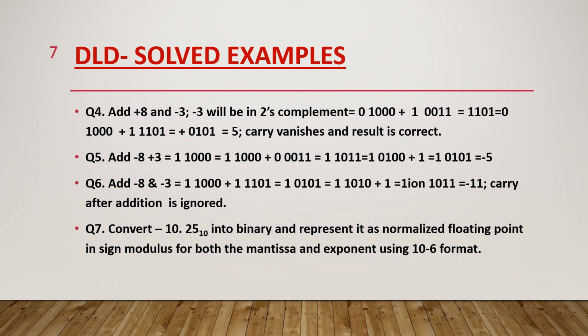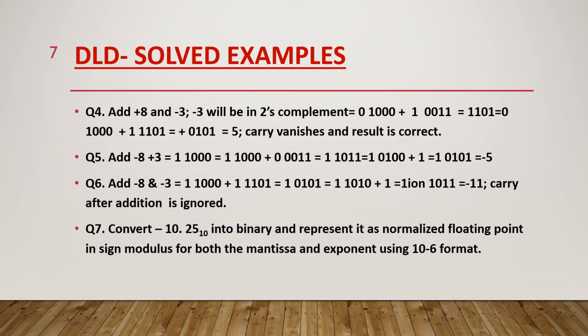So 1, 0, 0, 0, and then 1, 1, 0, 1, and that will be equal to plus 0, 1, 0, 1, which is equal to 5. Now there is a carry generated from the MSB that vanishes basically, and the result is correct.